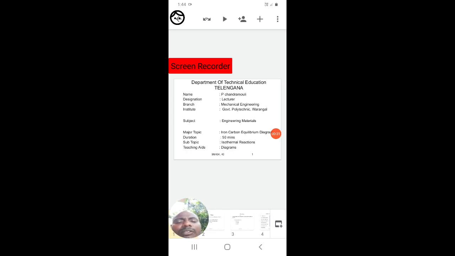In the previous class we have seen the critical temperature lines A1, A3, A13, ACM, A2 and A4. These are the critical temperatures or critical points, by heating or cooling, of the binary system alloy, iron carbon alloying by interstitial solid solution alloying.